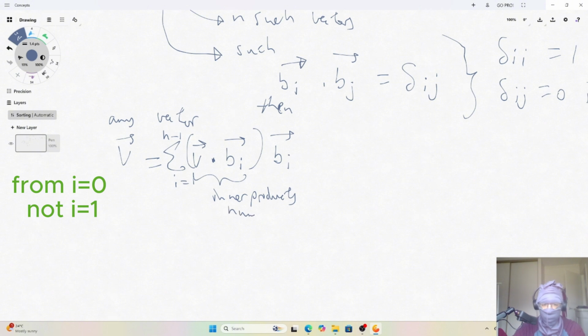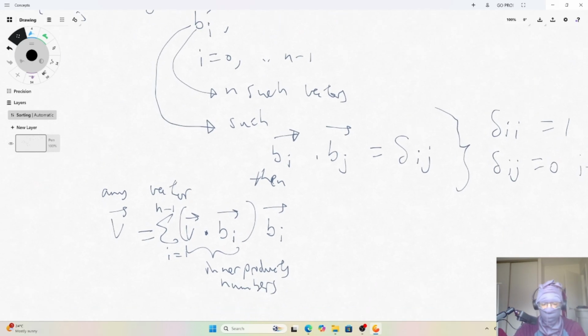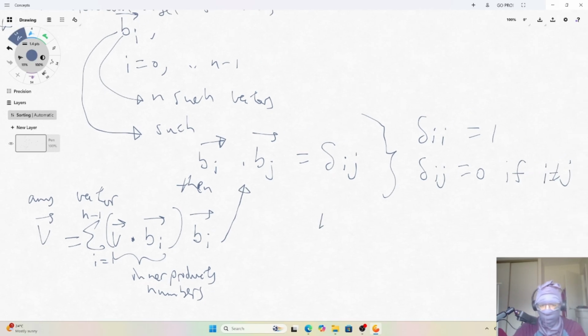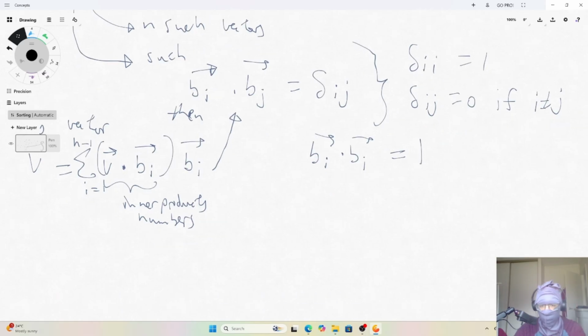So they are numbers. This theorem essentially says that you can decompose each vector as a sum of those basis elements. The basis elements have to satisfy this equation, such that if you take a basis element's inner product with itself, it's normalized.